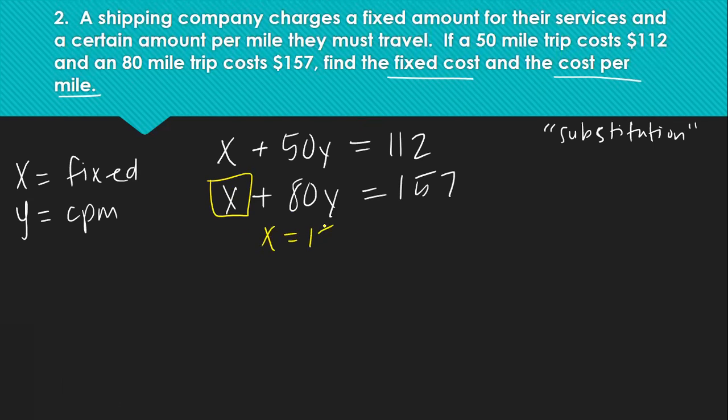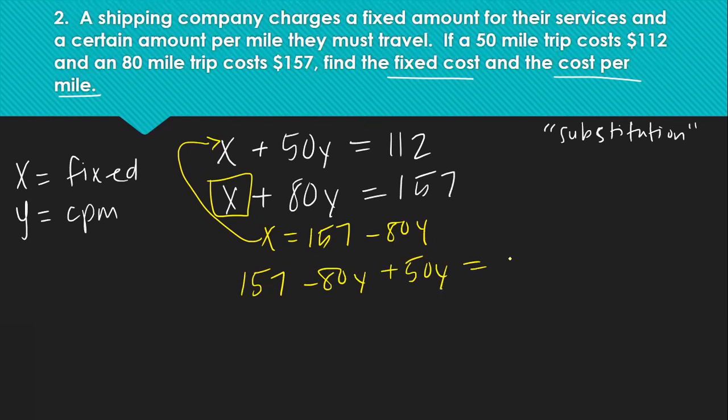So x equals 157 minus 80y, and I'm going to substitute it in for that x. So that gives me 157 minus 80y plus 50y equals 112. Combine my like terms. I get 157 minus 30y equals 112.